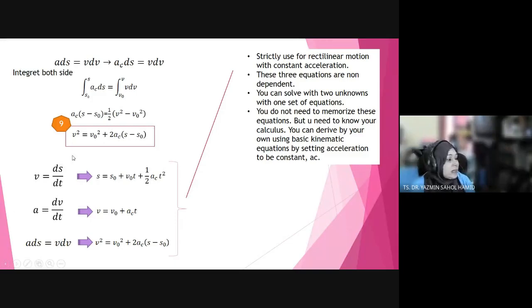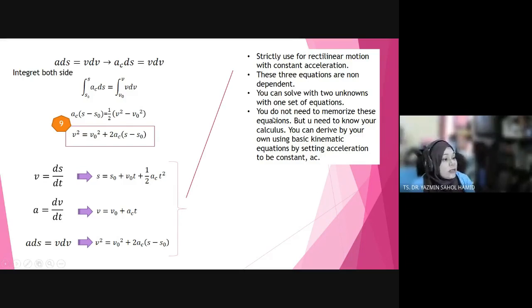You derive from the equation, you get an equation that can be used for constant acceleration. Okay, so these new formulas that you can see here are strictly used for rectilinear motion with constant acceleration. And these three equations are non-dependent, and you can solve with two unknowns with one set of equations.